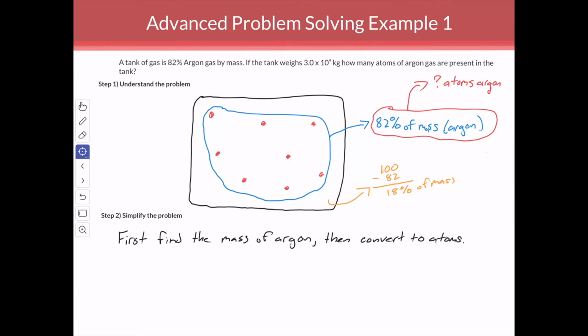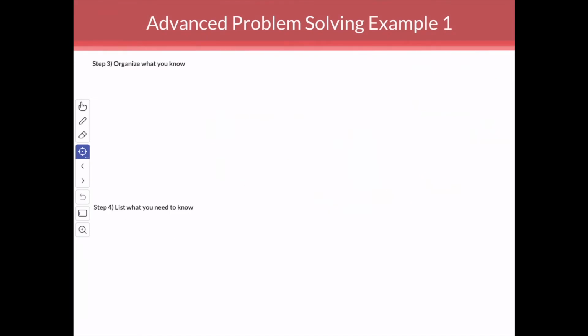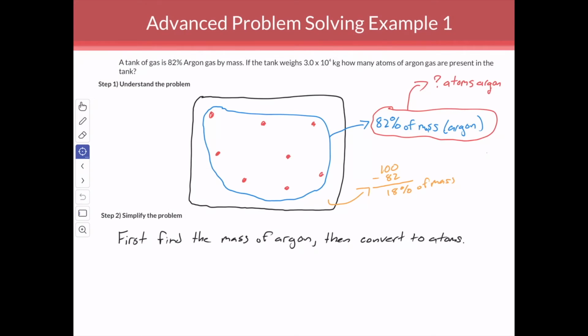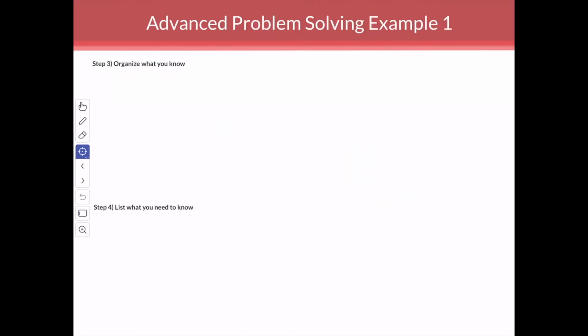Okay, so what is our next step? Our next step is to organize what I know. Well, if we look back at the problem, I know that the tank's mass is 3.0 times 10 to the 4th kilograms. All right, tank mass.